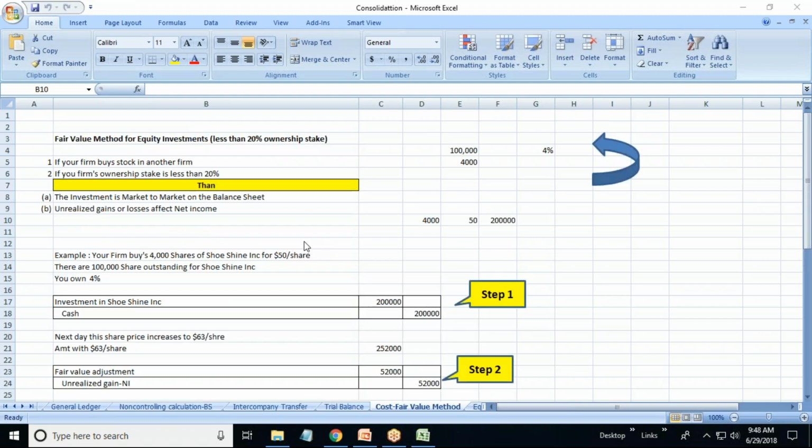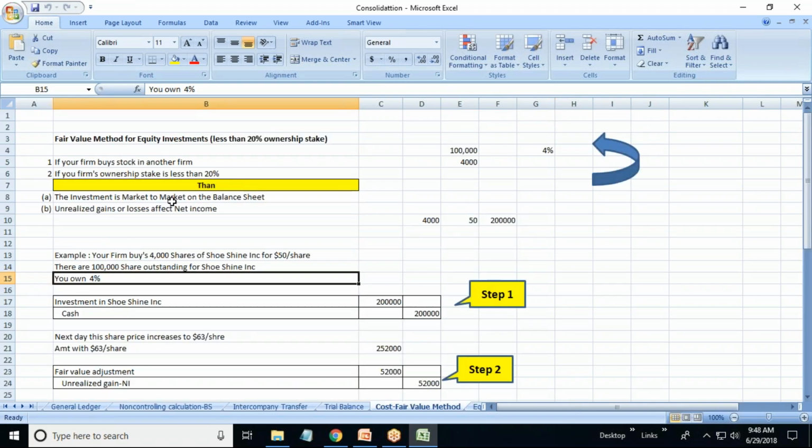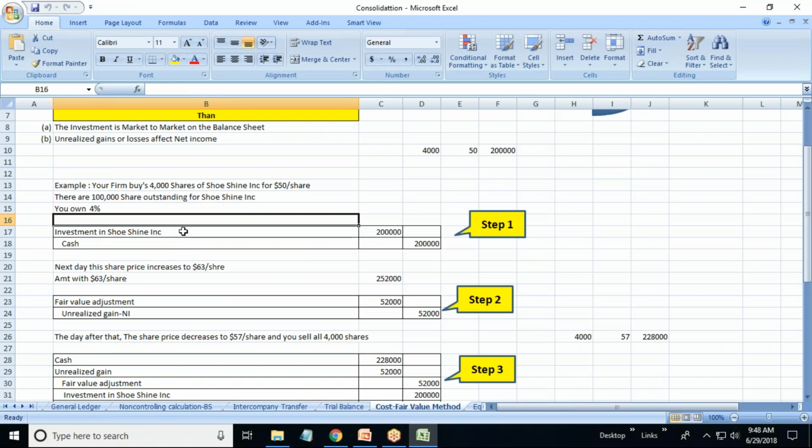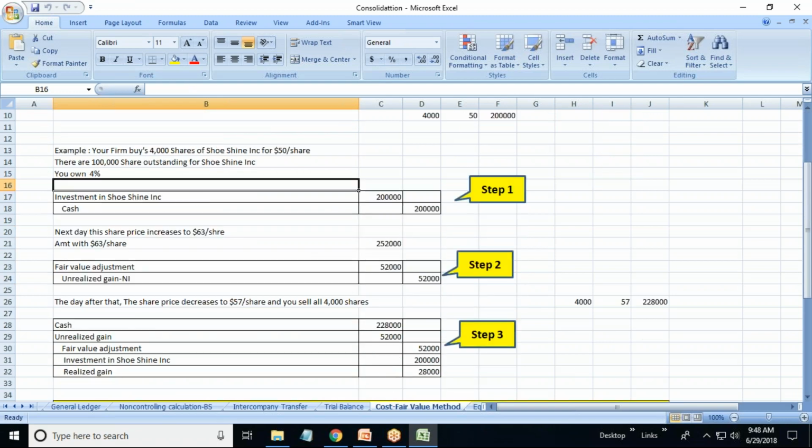First of all, you need to calculate: the hundreds of thousands of shares and your 4,000. Your stake, or your ownership, is 4,000. If we divide it, it becomes only 4%. So your ownership is 4%, and according to this rule, it's going to be the fair value method.